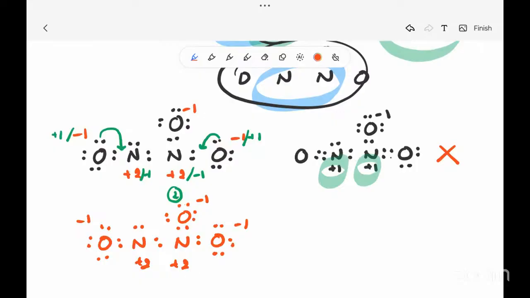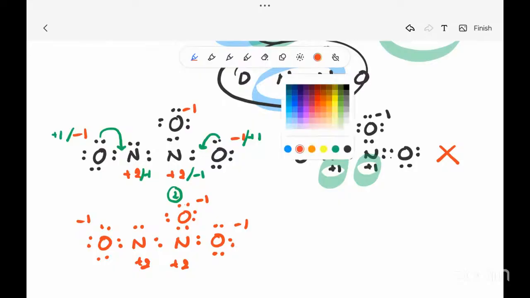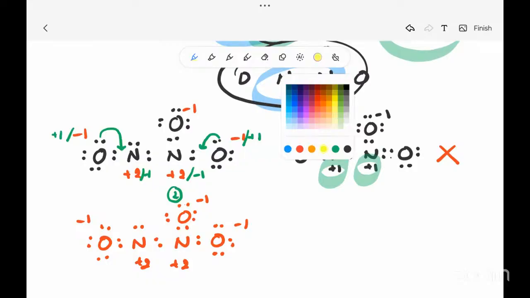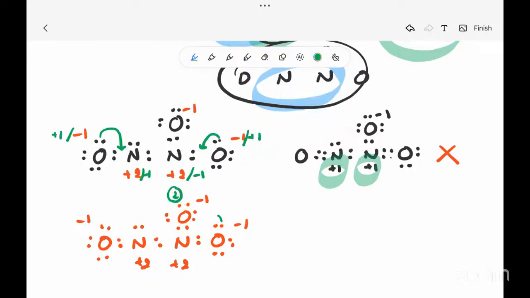Now, this one we have no problem with the electron transition, we have no problem. What I shall do is, I will do the electron transition from here to here. From oxygen to nitrogen I can do, but I will do from nitrogen to nitrogen. That is also possible, right? Can do. Then we are left with something like this.